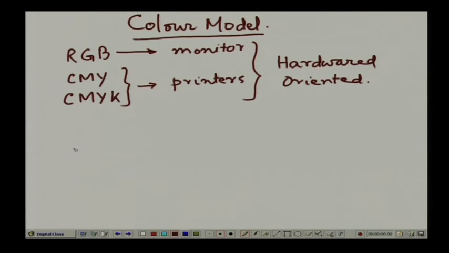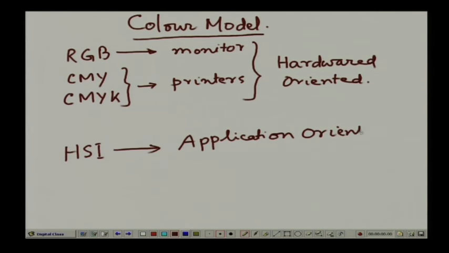And the other color model that we will also consider is the HSI color model, that is hue, saturation and intensity or brightness, and this HSI color model is application oriented, or also perception oriented, that is how we perceive a particular color.